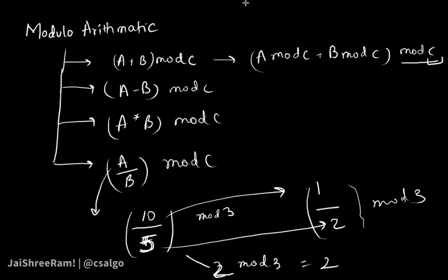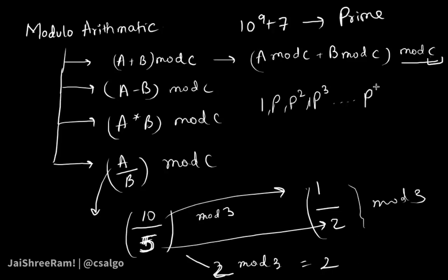Why do we generally have this modulo of 10 to the power 9 plus 7? That is because this number is a prime, and when you have a prime, there is a nice property that 1, p, p square, p cube, up to p to the power c minus 2, all these numbers for any p that is co-prime to c will be different in the mod c domain.